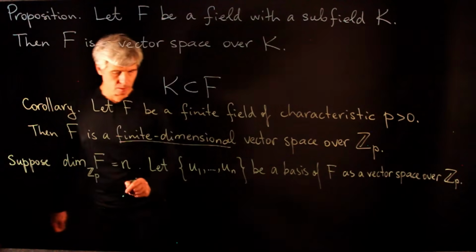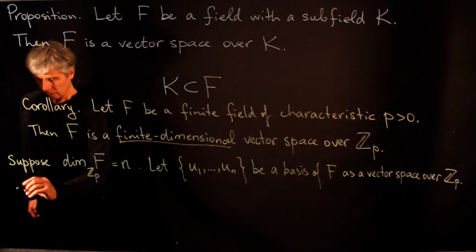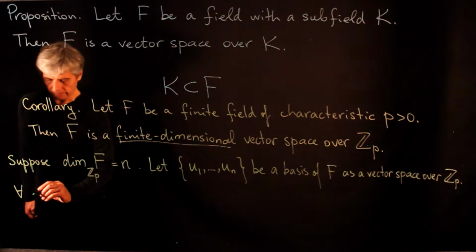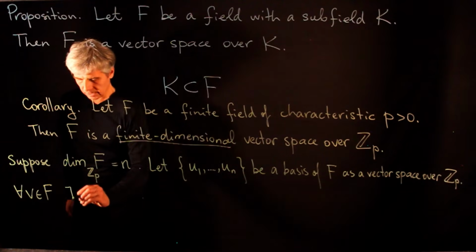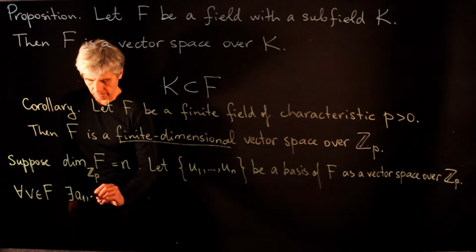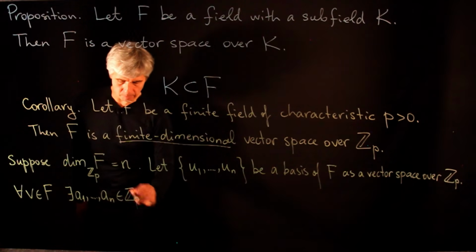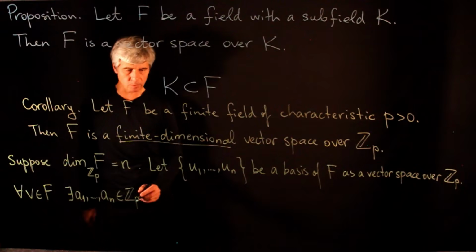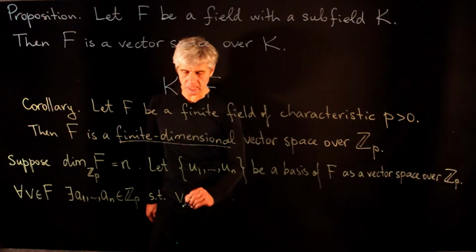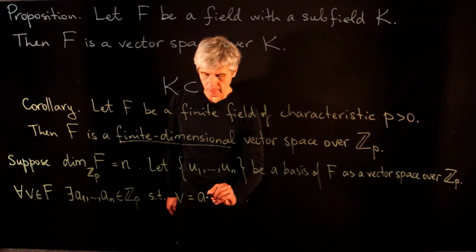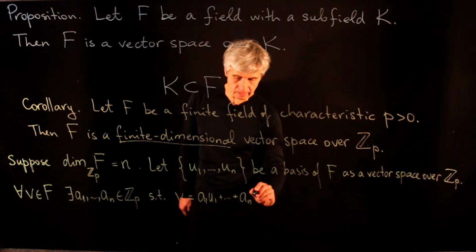So what does it mean? This means that for any element v in F, there exist scalars a1 through an, and these are elements of Zp, because we are considering this as a vector space over Zp, such that v can be written as a linear combination a1 u1 plus ... plus an un.